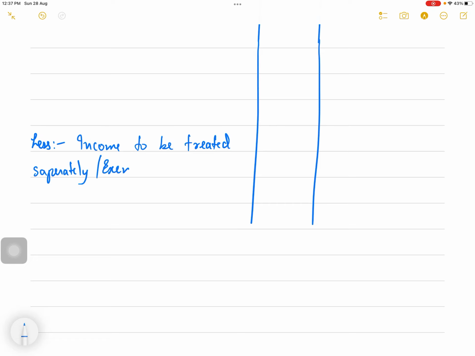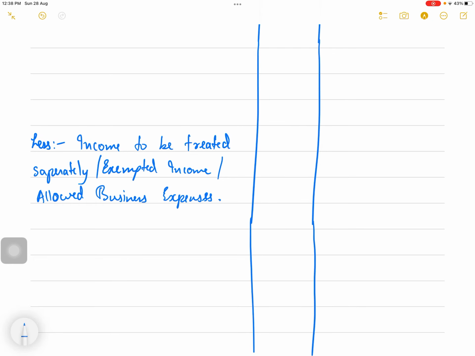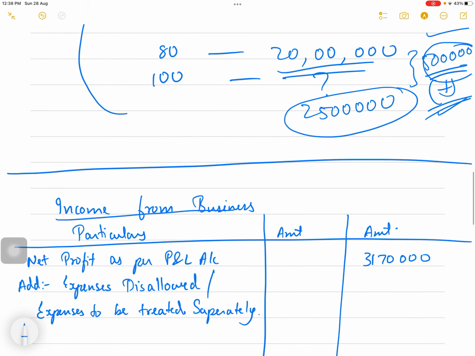Exempted income. And allowed business expenses.